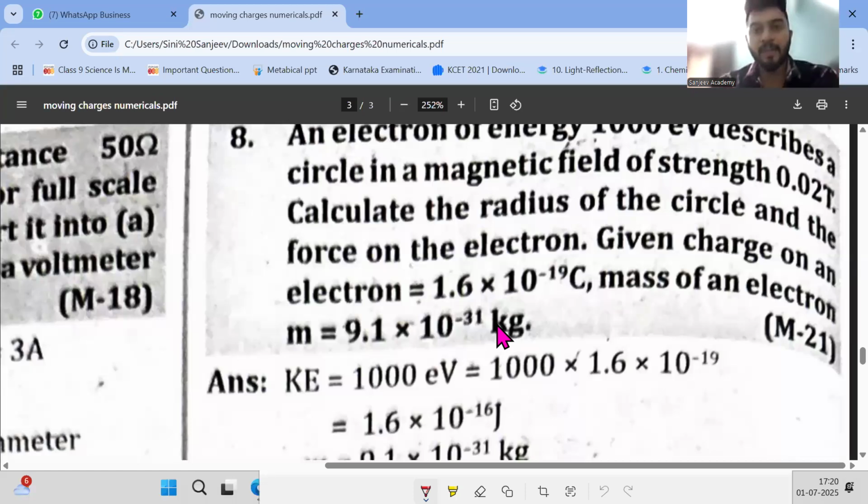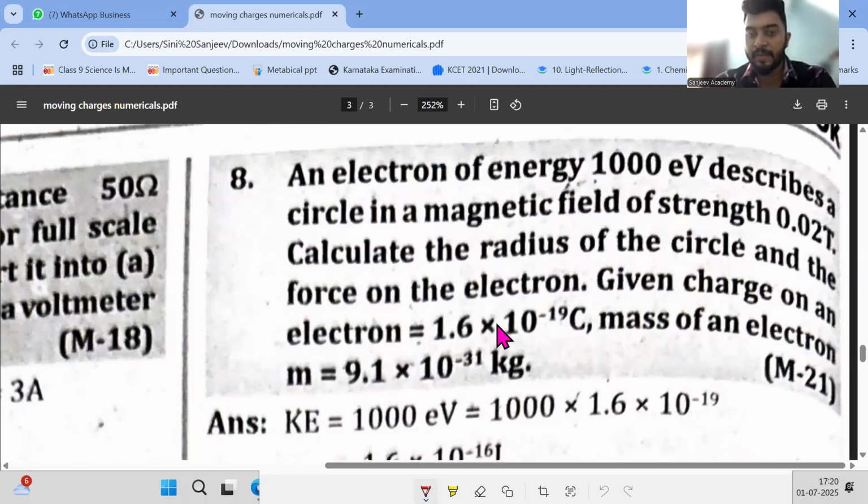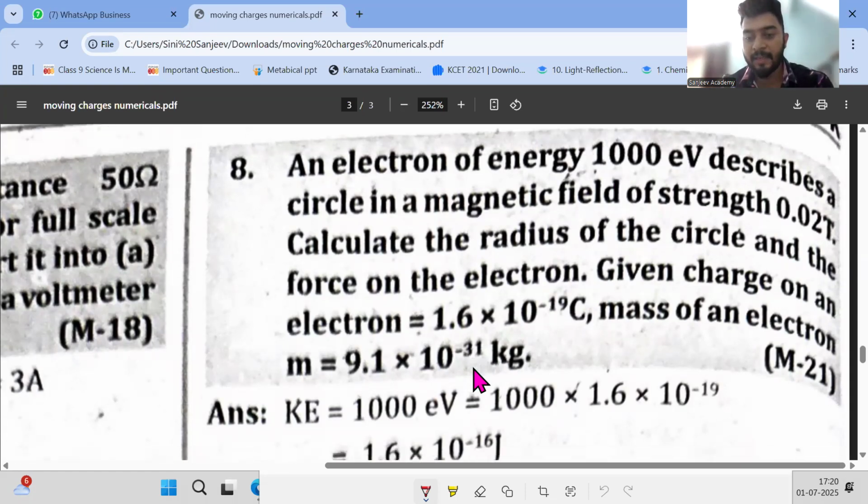This and all we have done in a lot of problems, so we should be thorough with this. An electron of energy describes a circle, so it's moving. Moving energy is called kinetic, that they have given.